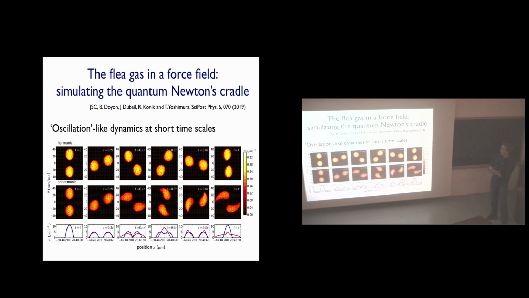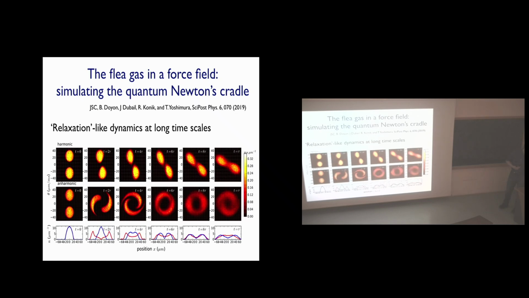Here is something we published. Jérôme Dubail is really the one who ran all of this, published in a glorious journal. These are phase space plots of a setup described with GHD, aiming to reproduce features of the quantum Newton cradle. It's the usual phase space picture with position and momentum, where harmonic motion is just circular motion, and you see some dephasing.